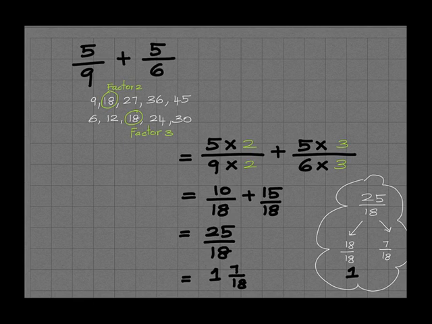This is another problem. Here we have to add two fractions. So two fractions with a different denominator. The first denominator is 9 and the second denominator is 6. So let us find the least common multiple. I have written the multiples of 9 here, which is 9, 18, 27, 36, 45, and I have written the multiples of 6 here, which is 6, 12, 18, 24 and 30.